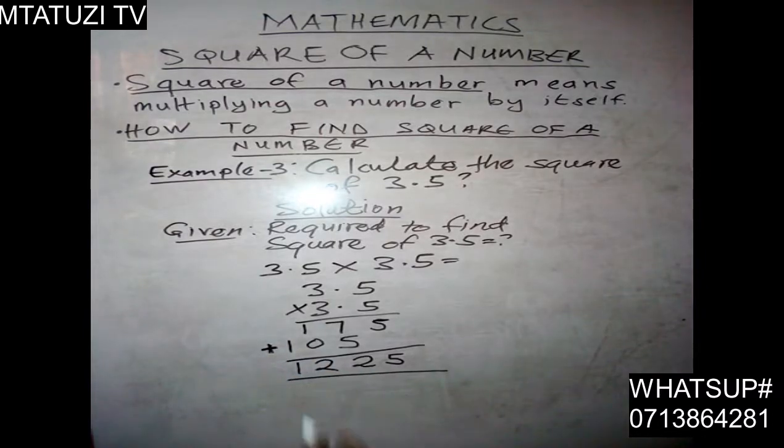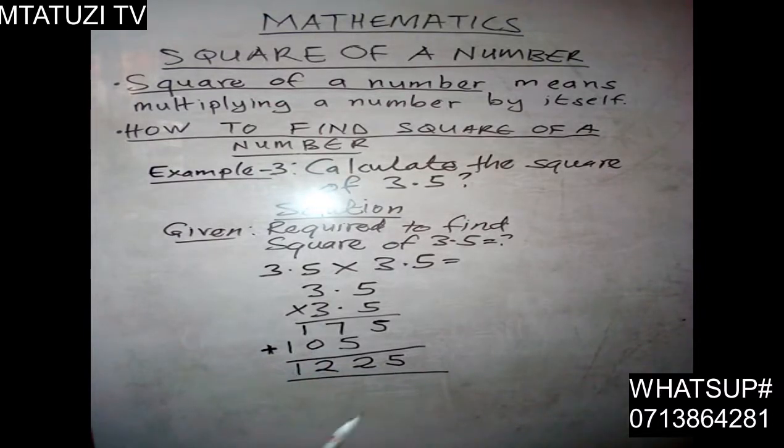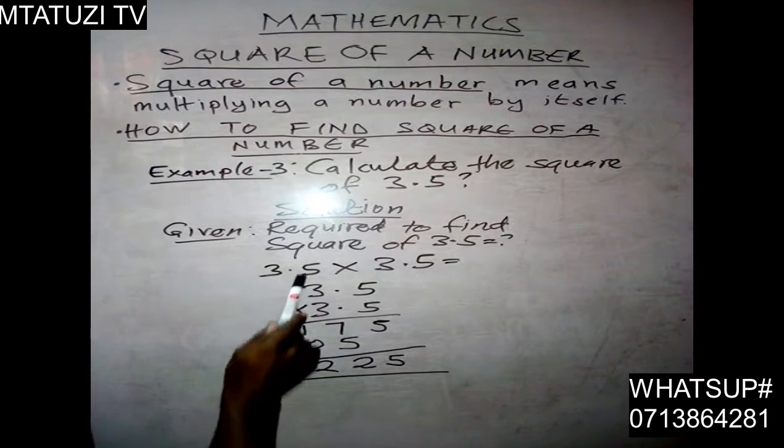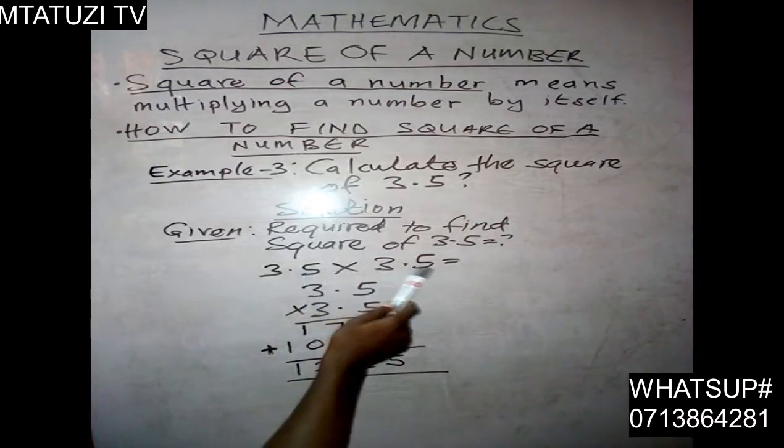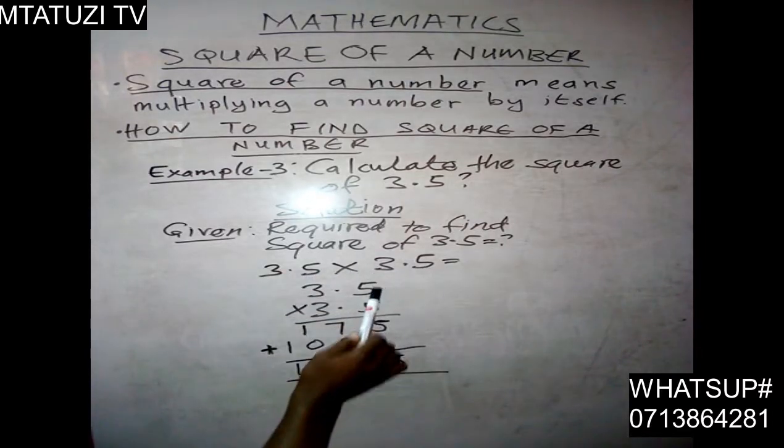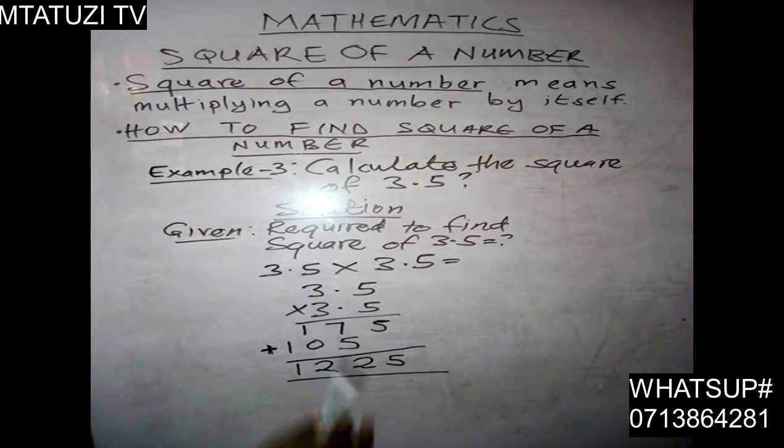After finishing adding, you are going to count the number of decimal places. How many decimal places do we have from our question? We have 2 decimal places. This one 1, 2. These are decimal places. So you have to count decimal places starting from right to left.